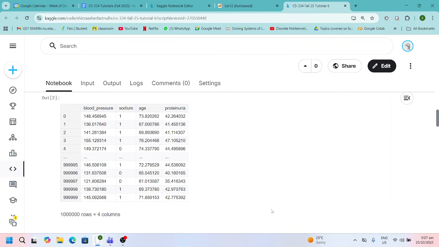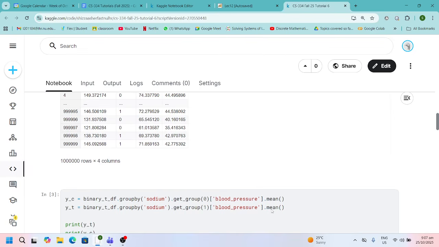I will give you guys a few seconds to look at this data set and then we'll move on. All right, moving on with our data set.